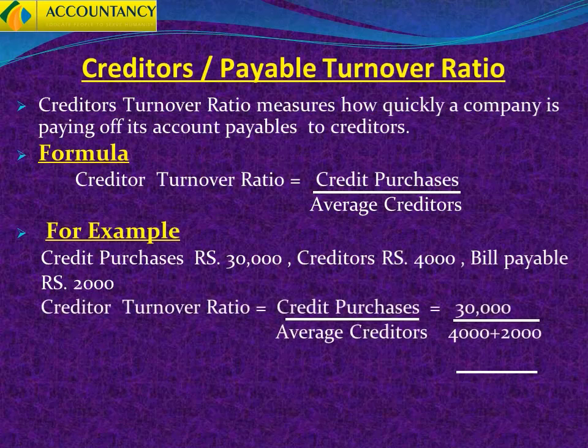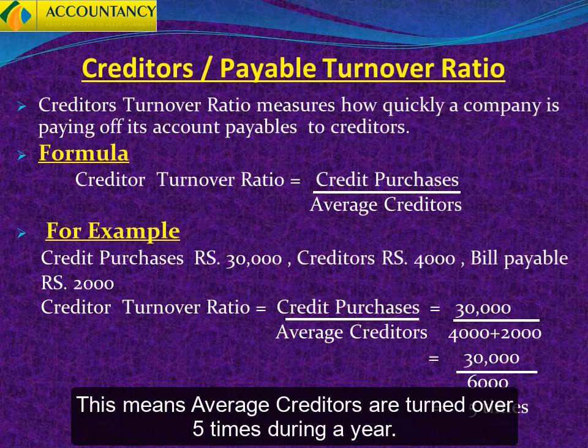Creditor turnover ratio is equal to credit purchases divided by average creditors, which is 30,000 divided by 4,000 plus 2,000, which is equal to 30,000 divided by 6,000, which is equal to 5 times. This means average creditors are turned over 5 times during a year.